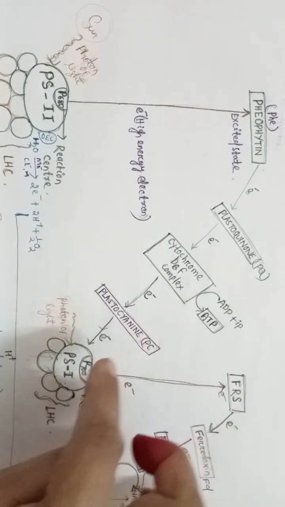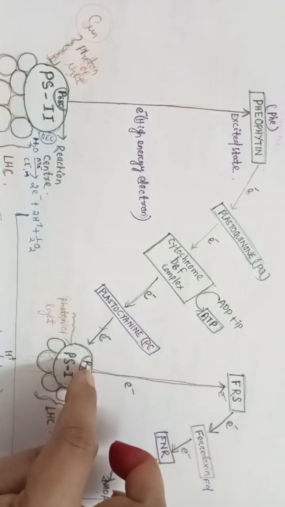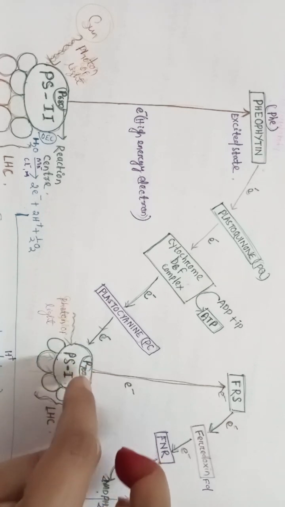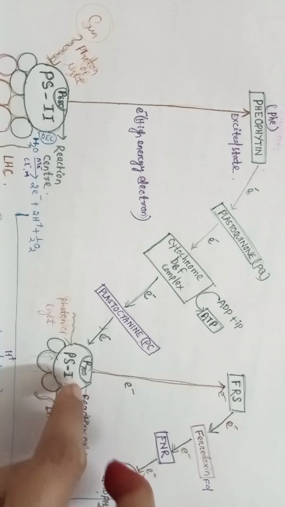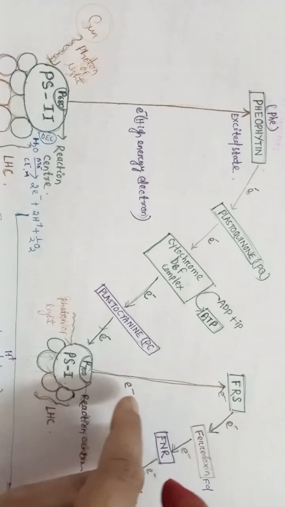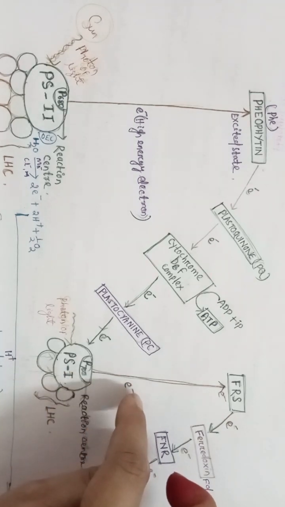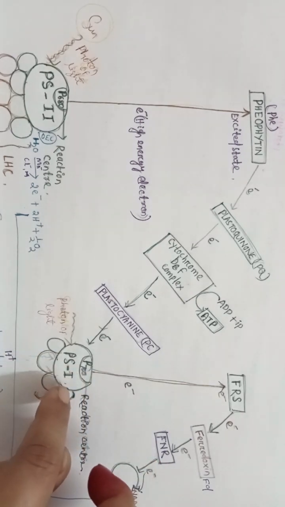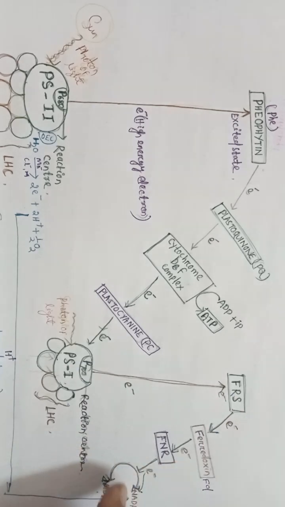Rather, it can fill the deficiency of reaction center of photosystem 1, and the electron of reaction center of photosystem 1 is utilized to make NADPH2.